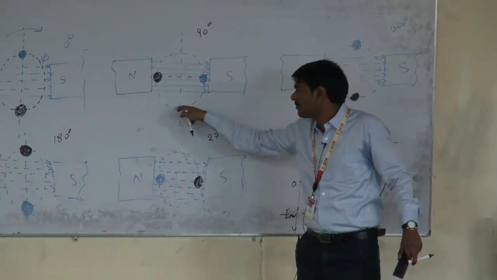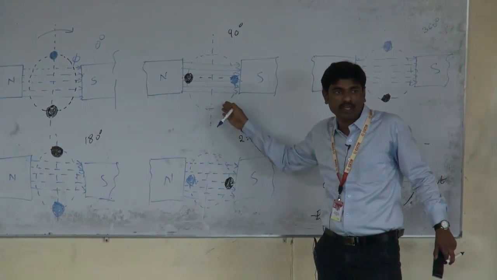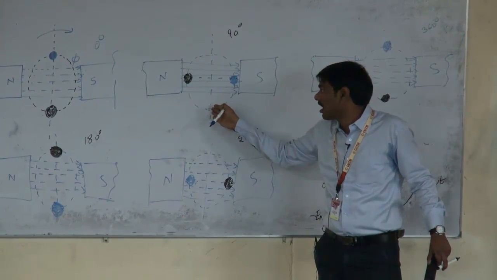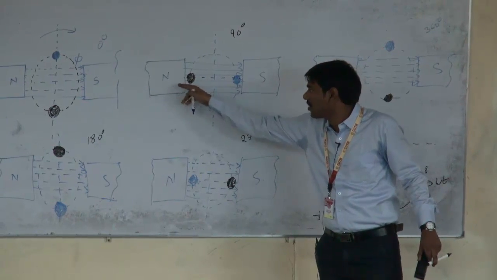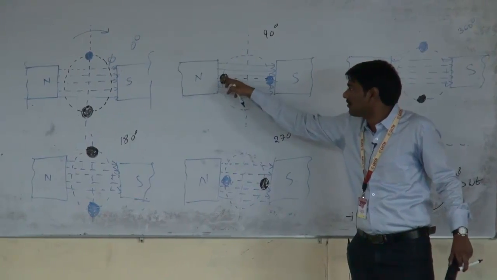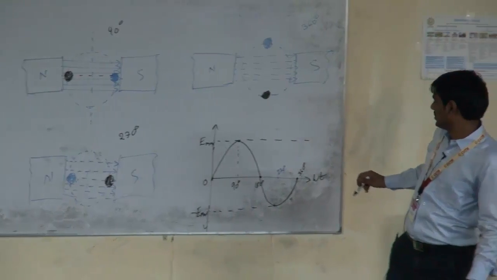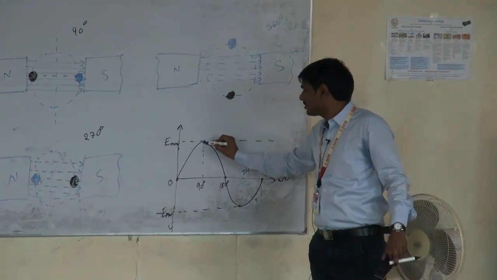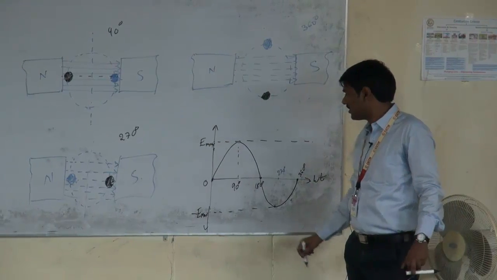It is cutting from downwards to upwards, and the effect of magnetic flux on the conductor increases when it is under the influence of the north pole and moving towards perpendicular to the magnetic flux. So at 90 degrees we get the maximum EMF, Emax.